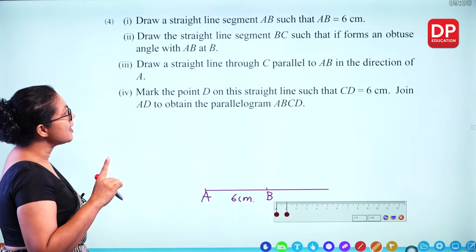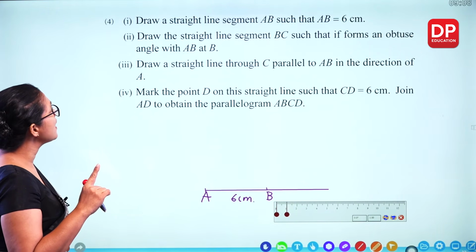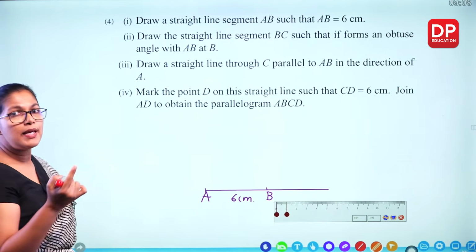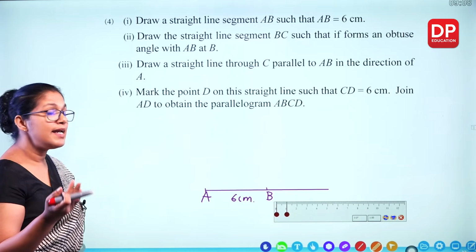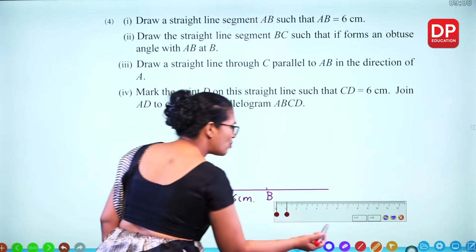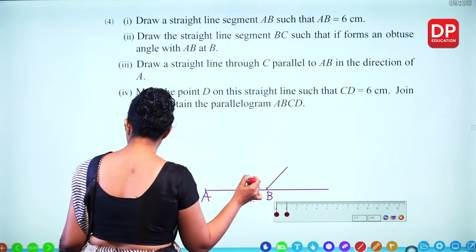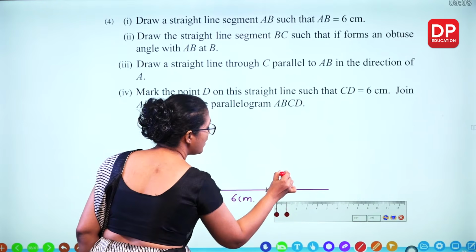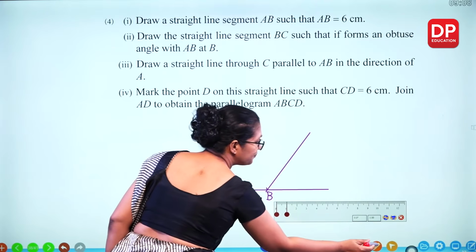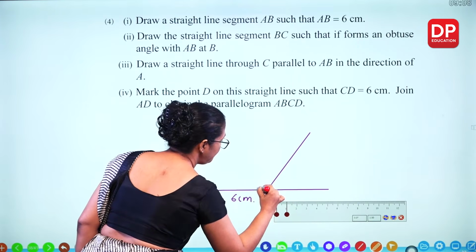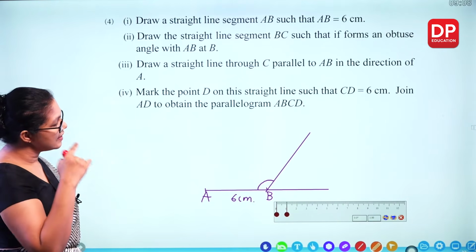Draw the straight line segment BC such that it forms an obtuse angle with AB at B. So obtuse means angle more than 90 degrees and less than 180. So you can take the ruler and draw an obtuse angle like this. So this is the obtuse angle. More than 90 degrees and less than 180.